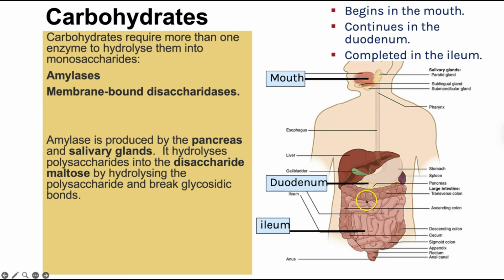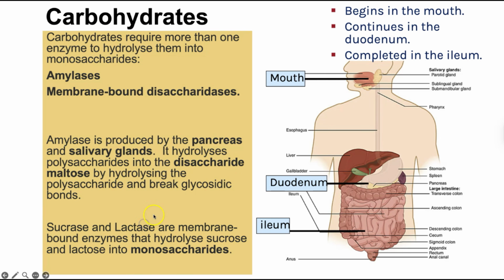Then as that food travels into the next part of the small intestines called the ileum, most of that starch should have now been digested into disaccharides. And embedded within the membrane of the epithelium of the ileum, you have membrane-bound disaccharidases, meaning enzymes embedded within that membrane that can digest the disaccharides into monosaccharides.